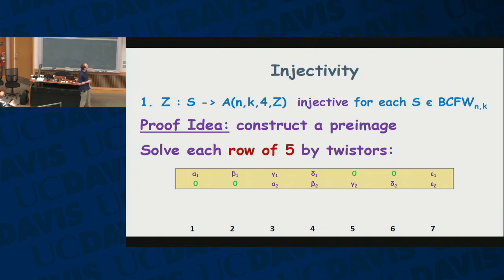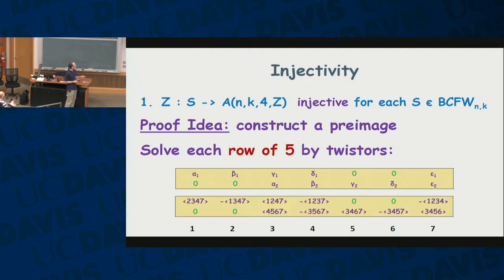Basically we have to recover these variables, alpha 1 to alpha 2, epsilon 1 and so on. This is easier when all rows have support 5. If we have a row of support 5, there are some linear algebra lemmas that tell us that we can just recover these entries as 5 twistors. So this indeed gives us the pre-image.